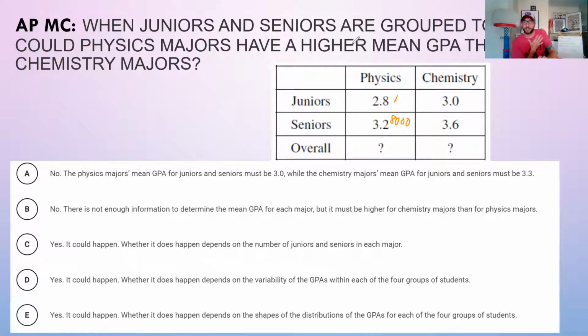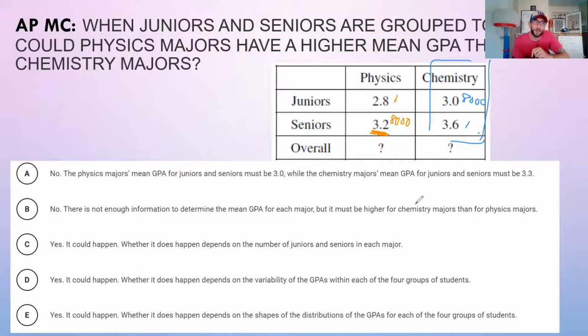And then over here, there were 8,000 chemistry juniors and 1 chemistry senior. This chem average is going to get pulled really, really close to 3. Like it's going to be almost 3 exactly. And this physics average is going to get pulled really, really close to 3.2.